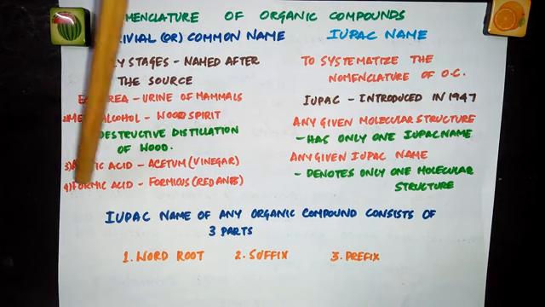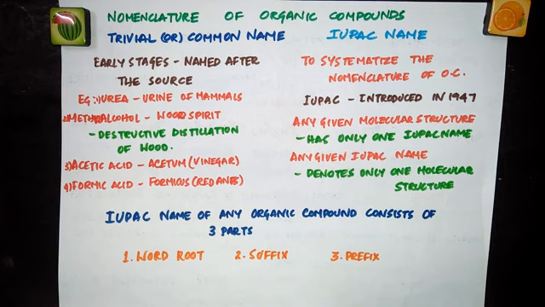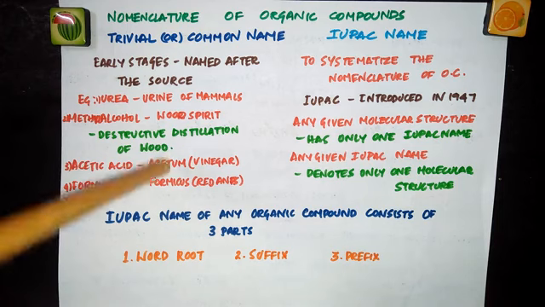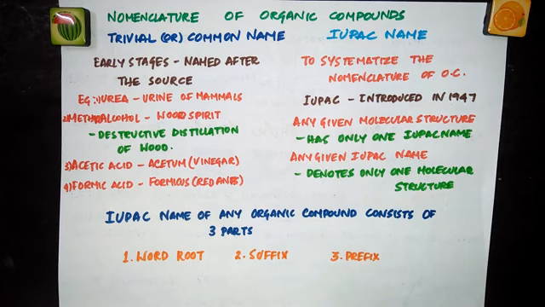So in early stages, as I told you, these organic compounds were named after the source from which they were isolated. So these names of organic compounds are called trivial names or common names. Originally these names were given without any systematic basis.